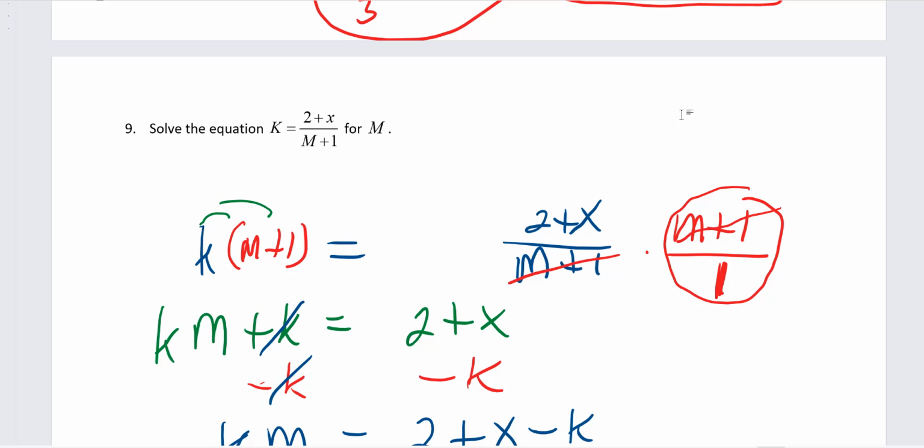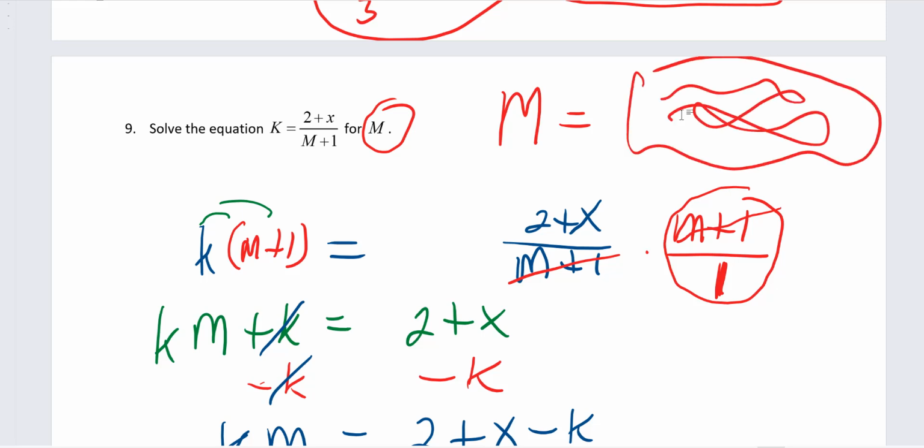Another thing is this: when you are solving an equation for a variable, like in this case we're solving the equation for m, you need to end up with m on one side, and the other side is going to have some kind of formula. And the rule about that formula is it's not allowed to have that same variable on that side.